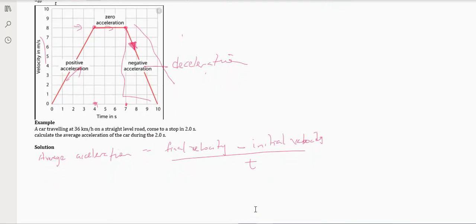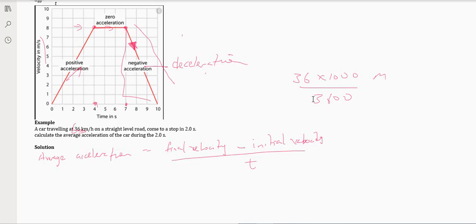So clearly, we got the initial velocity or the initial speed. We now need to convert this right here into velocity, and how we can do that is by simply doing this. 36 kilometers in terms of velocity would be multiplying the 36 by 1000, then dividing that by 3600, because we know that 1 hour is equivalent to this in terms of seconds.